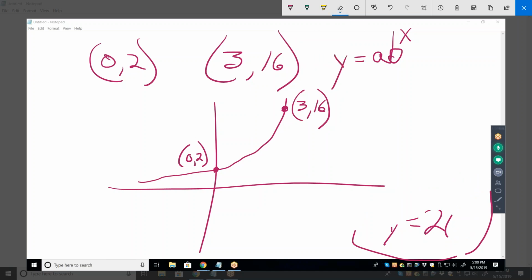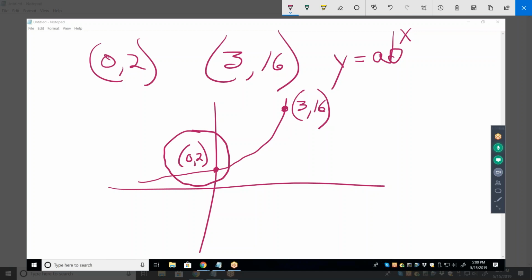So, one thing that's easy to solve for is A. If you use this point right there and substitute 0 for x, what do you get for y?